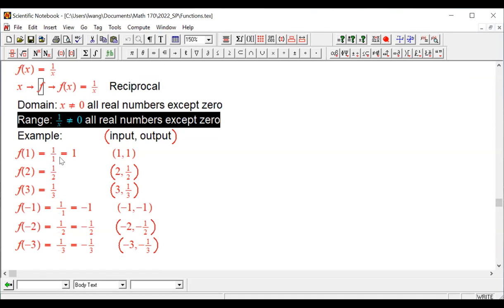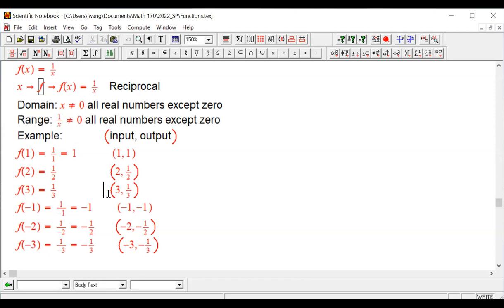So I've chosen these points, which are easy. Input, reciprocal of the input; input, output; input, output. You can see the output is always the reciprocal of the input and vice versa.